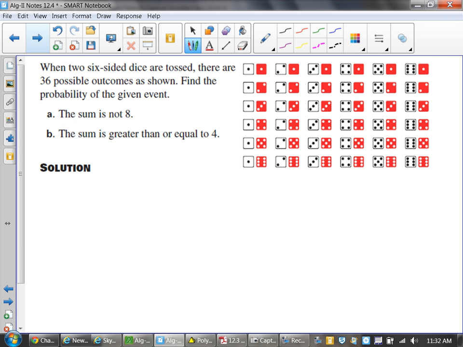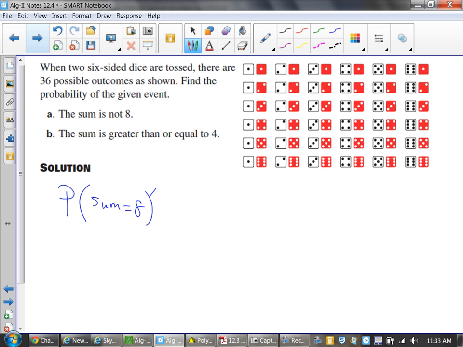So let's look at one of these. When 2 6-sided dice are tossed, you get those 36 possible outcomes. So if I want to look at what is the probability of the sum not equal to 8, the easiest thing to do here is find the sum equals 8, and then take its complement.